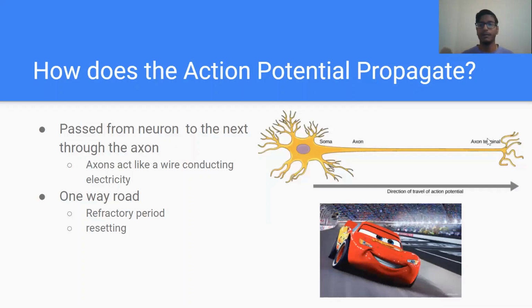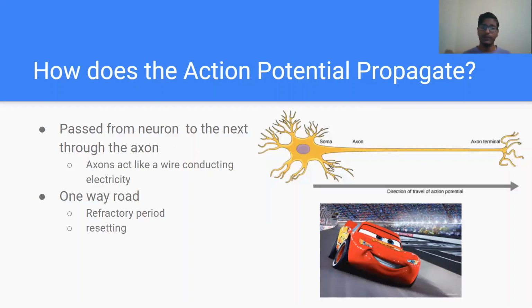So as far as propagation itself goes, like I said, an action potential is passed from one neuron to the next through the axon, and the axon works a lot like a wire. If you are charging your phone, you plug the charger into the wall and then into your phone so the electricity can go from the outlet to your phone to charge it.